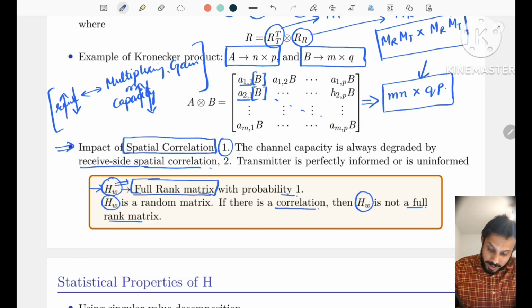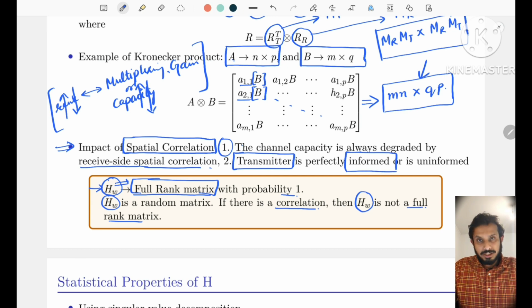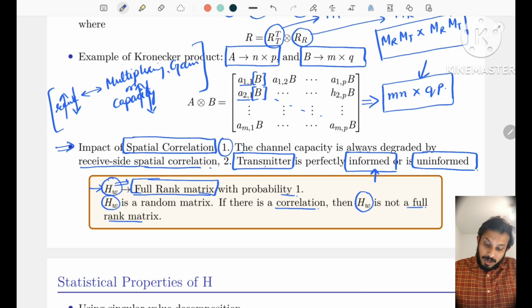Whereas when we have a spatial correlation in the transmitter, there may be two cases. First, the transmitter is informed about the correlation, or the transmitter is uninformed about the correlation. When the transmitter is informed about the correlation, then we can design precoders to improve the capacity, whereas when it is uninformed, there will be a degradation in capacity.